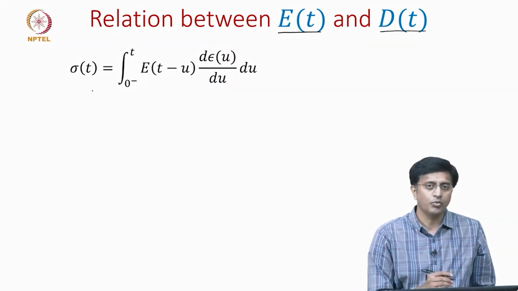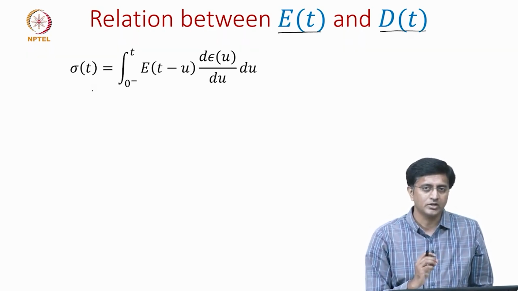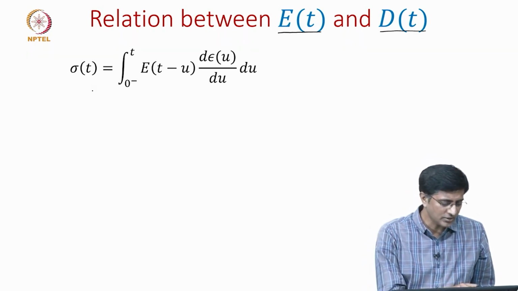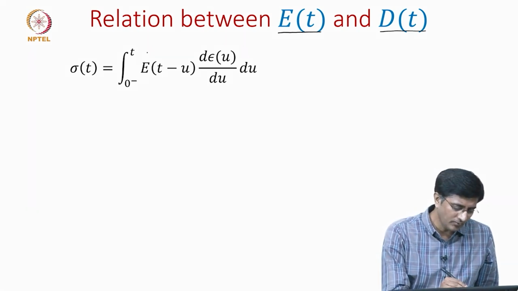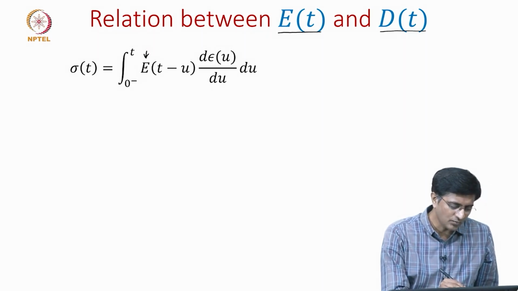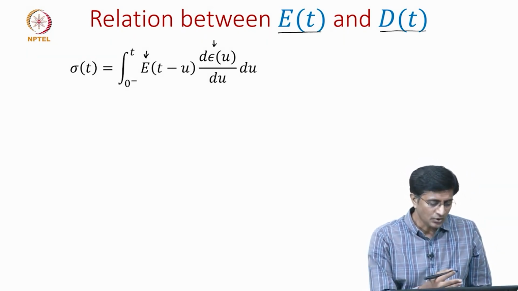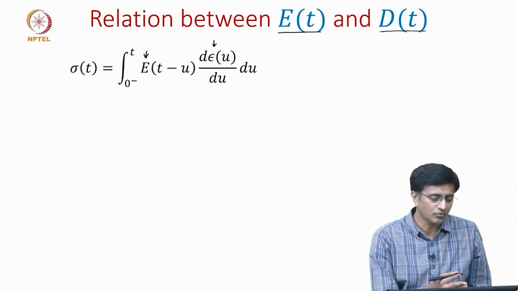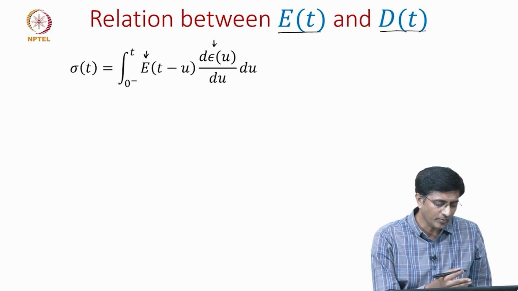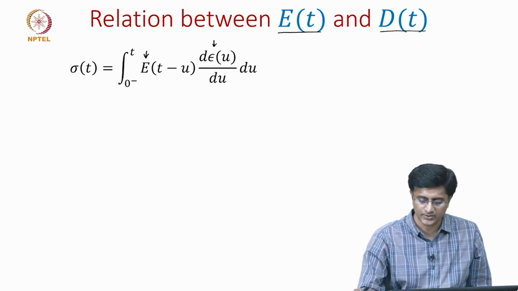So here is the Boltzmann integral that we derived in the previous lecture, which shows the stress response given by the relaxation modulus E and the arbitrary strain input epsilon. So now with the knowledge of the convolution integral, we should be able to apply the Laplace transform to this.